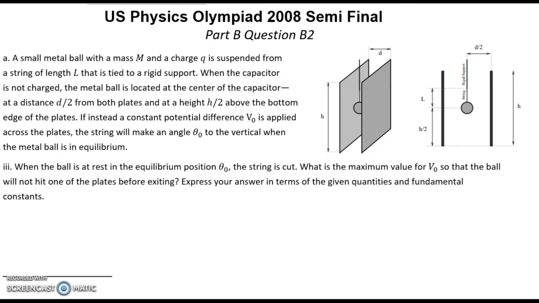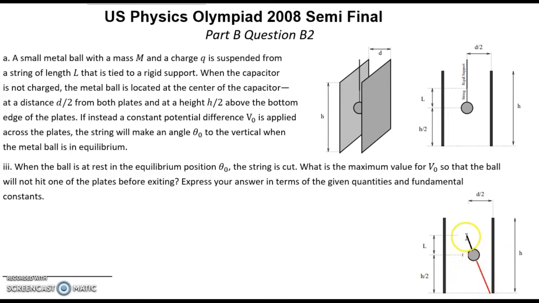So first let's draw this picture. On this picture we have the angle θ0 between the vertical and the direction of the string, and we see that if the tangent of this angle exceeds d over 2 divided by L plus h over 2, this ball will hit this plate.